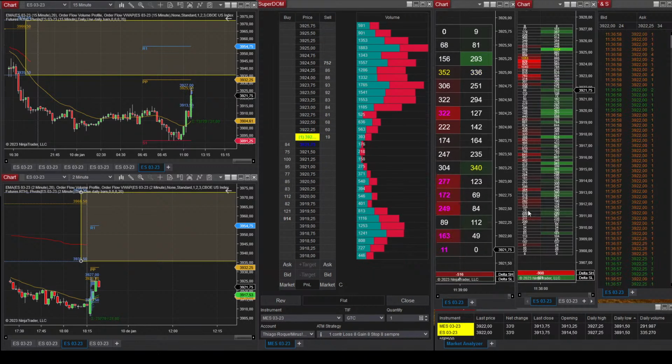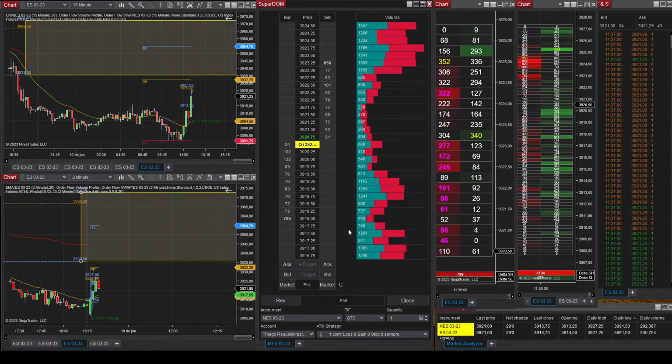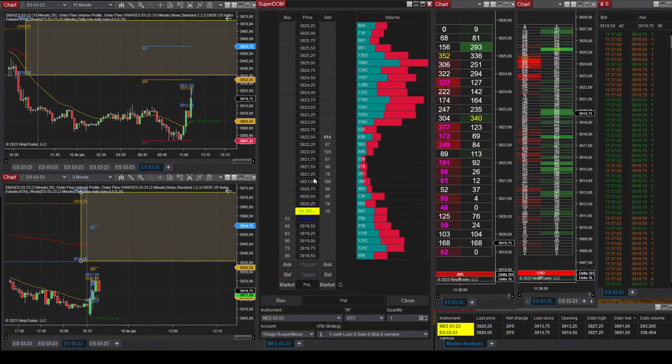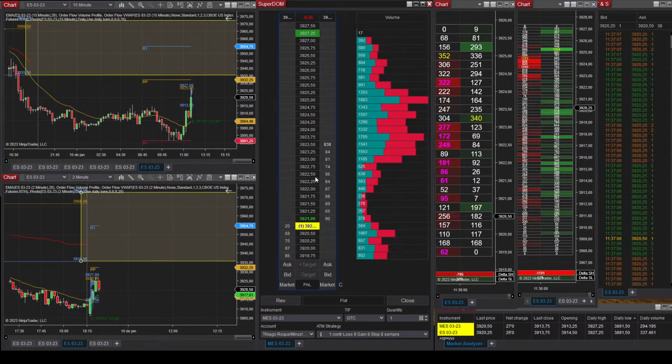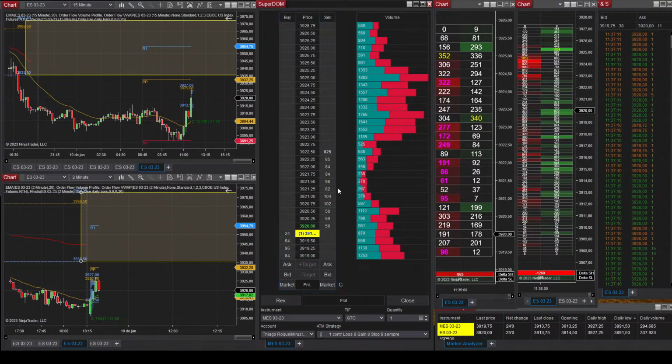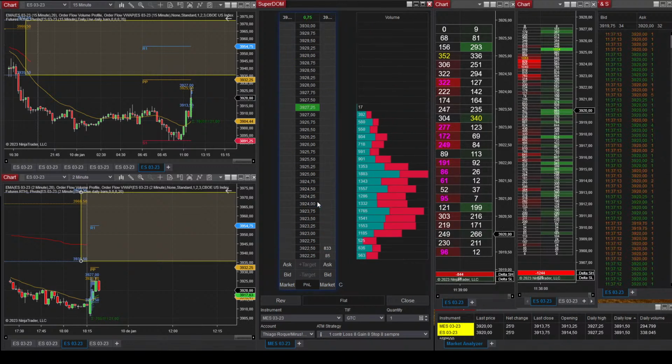Looking at the volume at price here at Superdome, we've seen this range. There was a range from 22 to 25, actually. We've seen that prices had an exhaustion right at 39.27.